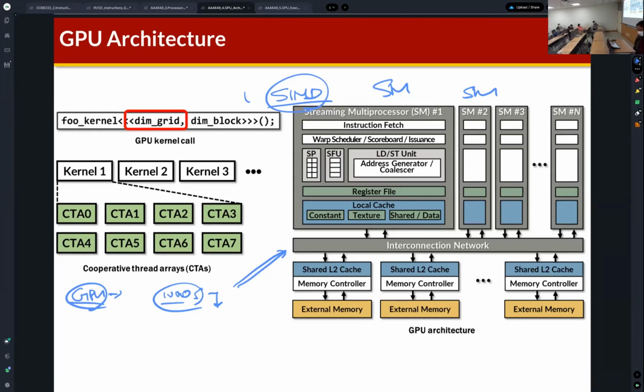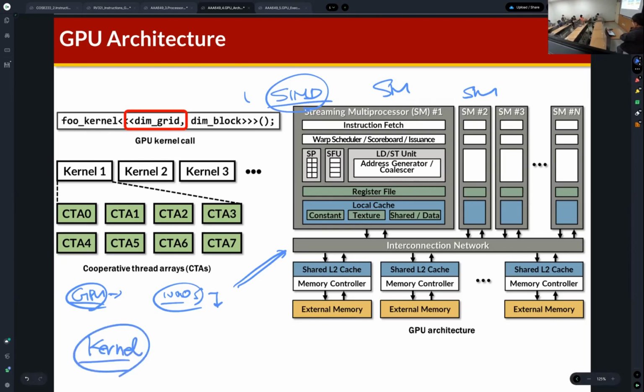It is because the GPU code is called the kernel. Actually, this is the code which is executed by the GPU. In the same kernel, the GPU generates multiple threads. So this is the kernel of the GPU.